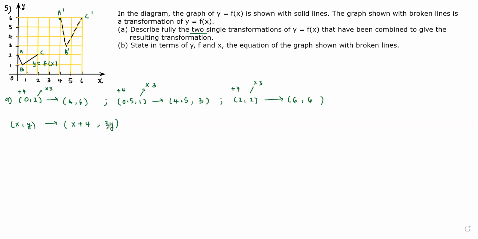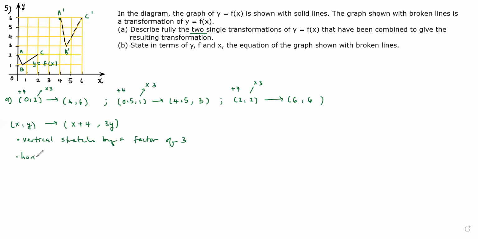From here, we can see that the first transformation is a vertical stretch by a factor of 3. And you move each point 4 units to the right, so you add 4 to the x coordinates.